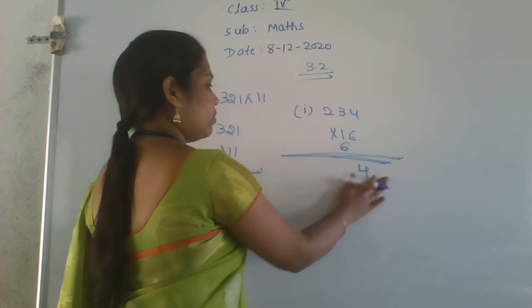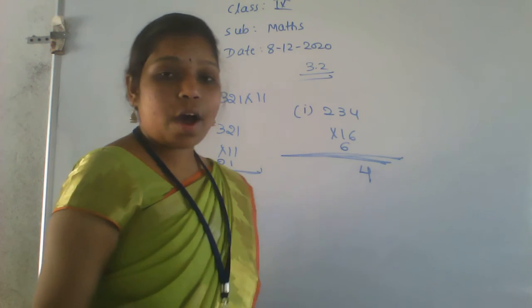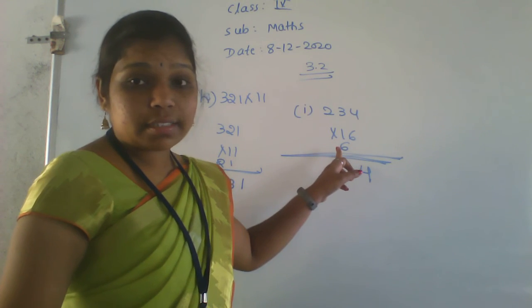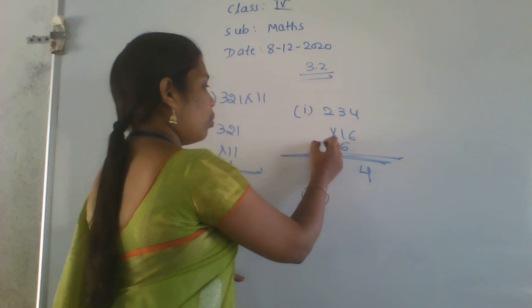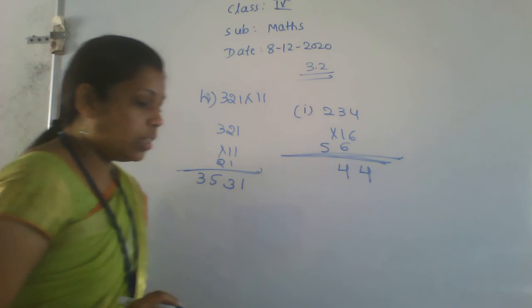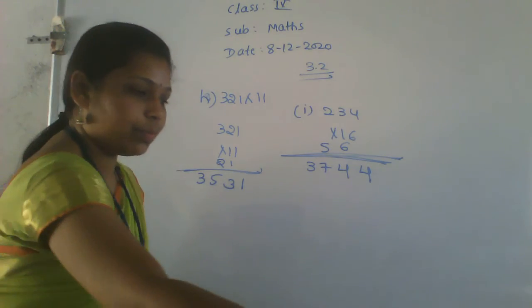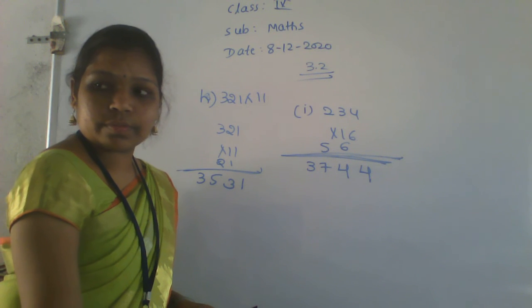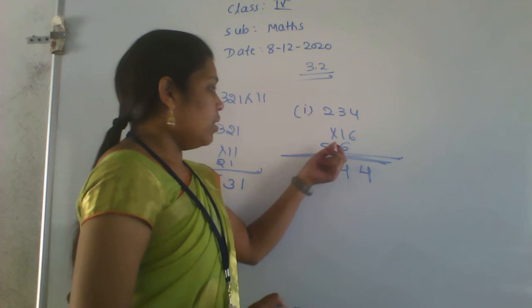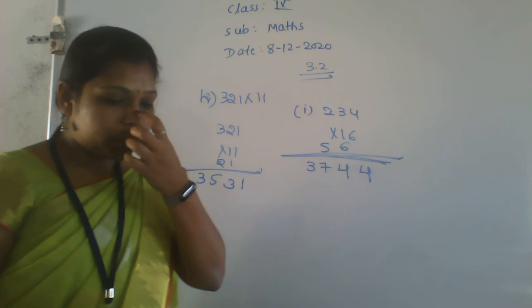Sorry, 16 threes are how much? 48. 48 plus 6 is 54. 16 twos are 32. 32 plus 5 is 37. The answer is 3744.